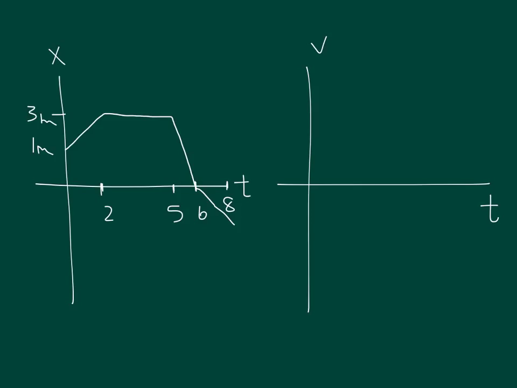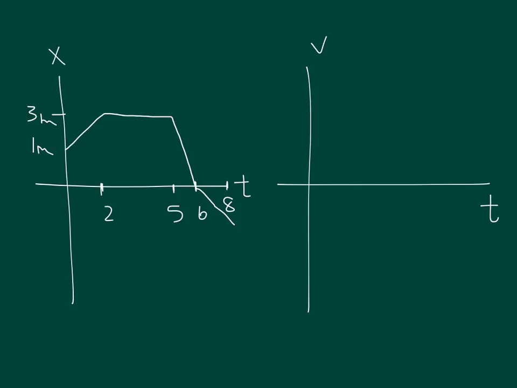From 6 to 8 seconds, what happens? What kind of displacement do you now have? You have a negative displacement, so you have to move this way now. So you've not only gotten back to the origin at 6 seconds, but now you're moving to the left for the last 2 seconds with some negative velocity. You're moving past the origin. Okay, so that's how I would describe this graph.